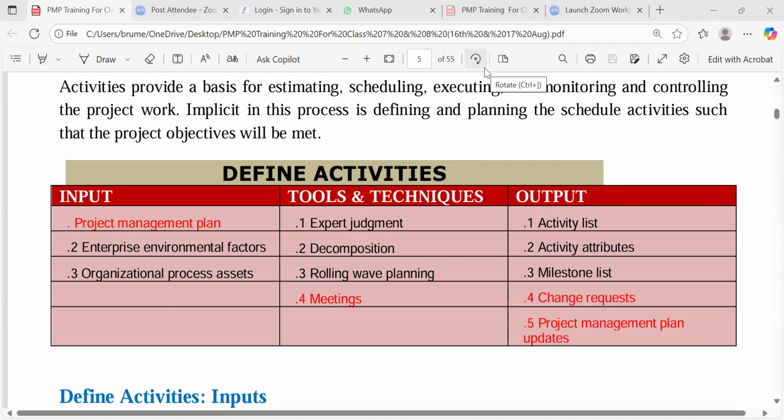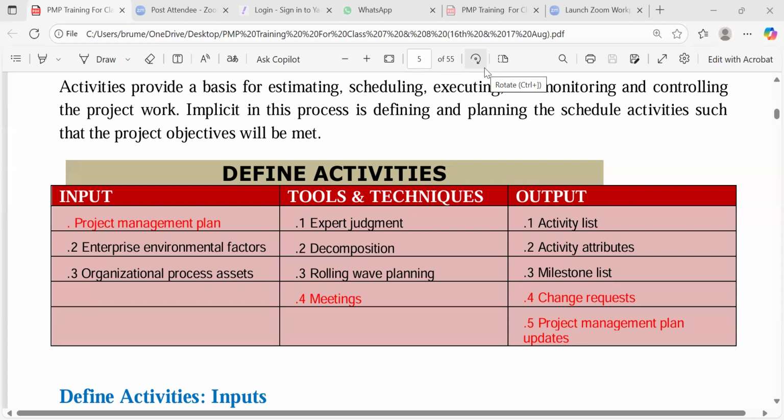Now let's move on. We had the scope baseline. We decompose the scope into smaller and more manageable packages, adopting the work breakdown structure, and we got work packages at the lowest level of the work breakdown structure. I'm talking about scope management now. Then we moved on to another process called project schedule management, where we define activities.